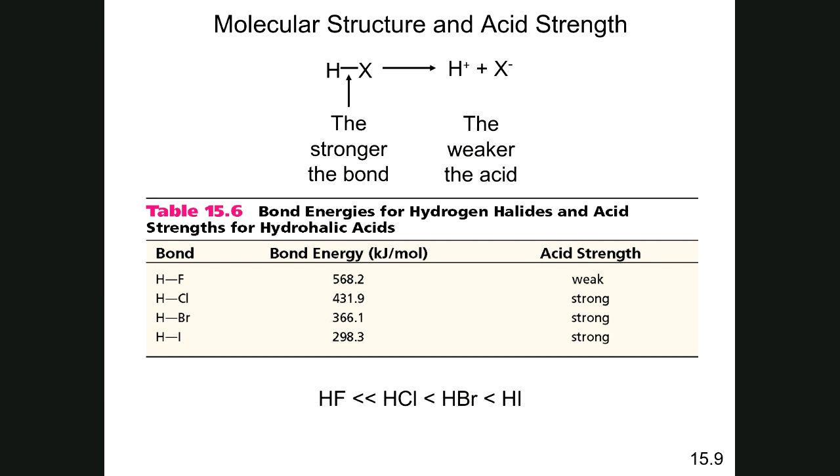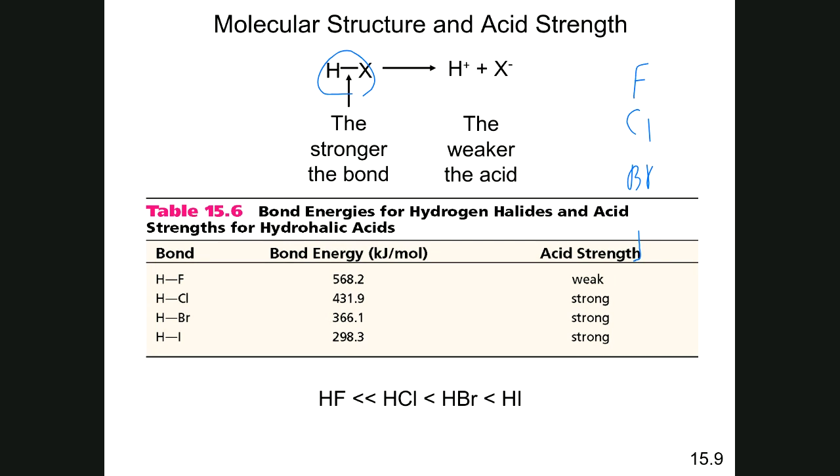What factors affect the strength of the acid? The stronger this bond is, the weaker the acid is going to be. That means it doesn't want to lose the H plus. So in group 7, the halogens in the periodic table, you have fluorine, then chlorine, bromine, iodine.